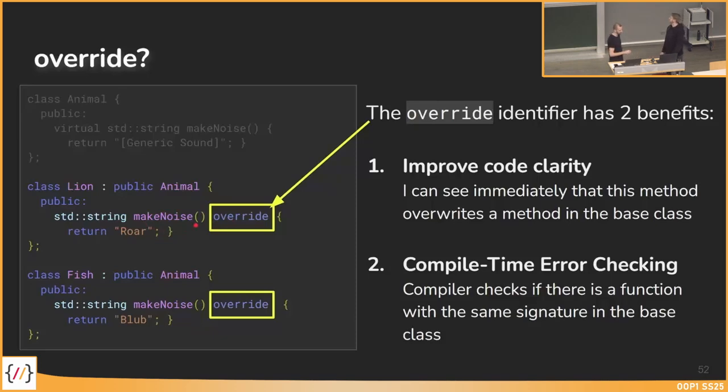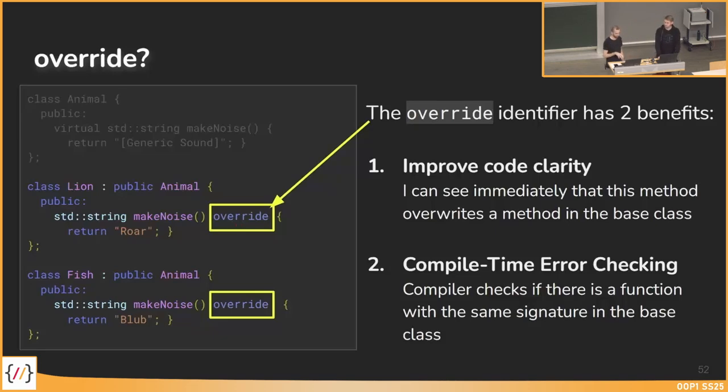So maybe I have a typo, or the signature is somehow different. Then the compiler tells me, you want to override a function from the base class, but actually you don't, because there is no make noise in the base class. So please make sure, maybe you have a typo or whatever else.